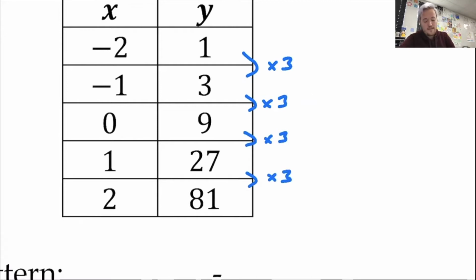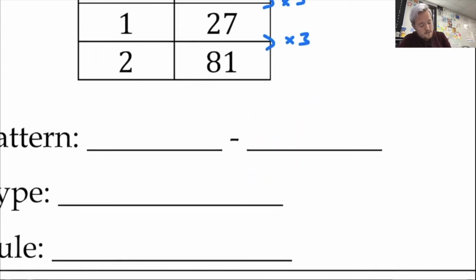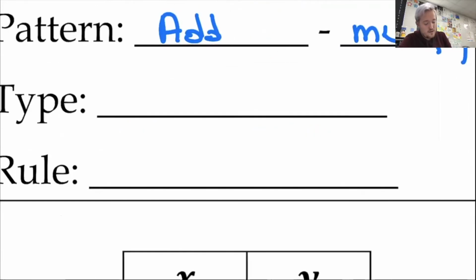You have to have a clear, consistent change throughout the entire table for it to count. If I do times 3, times 3, times 3, times 2, it doesn't work. It has to be the same throughout the entire problem. So our function pattern here is going to be multiply, and a multiply pattern is going to be exponential.